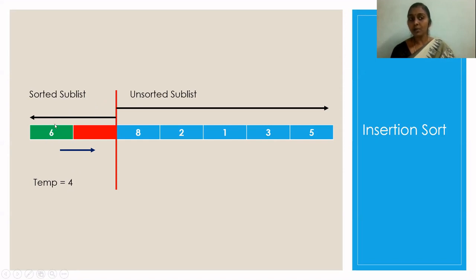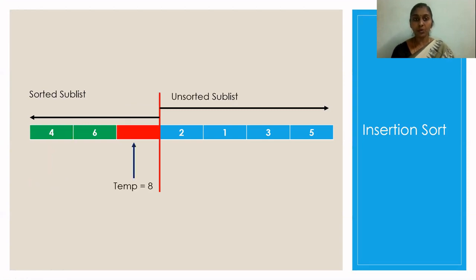So here we start with 6. We compare 4 with 6. 4 is lesser than 6. So 6 is shifted to this empty space. And now 4 is inserted into this space. Hence, the element 4 takes its correct position, is inserted into its right position at the end of pass 1.